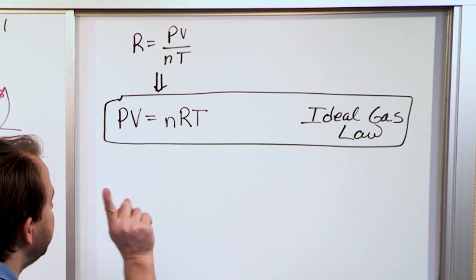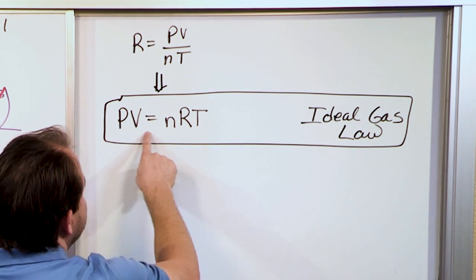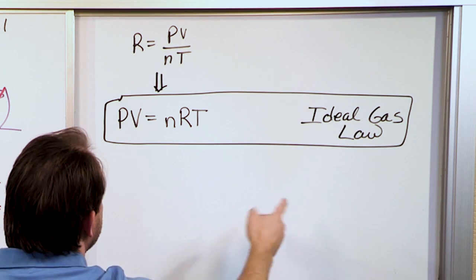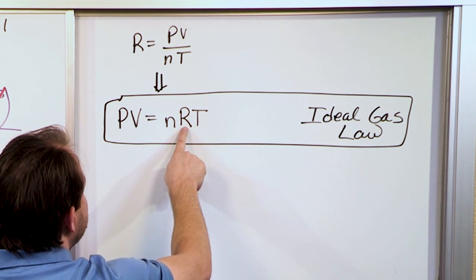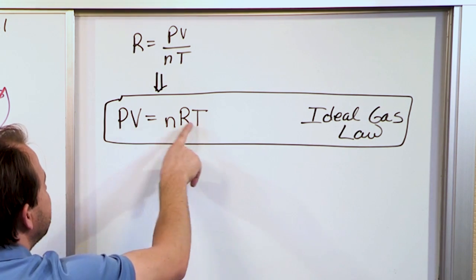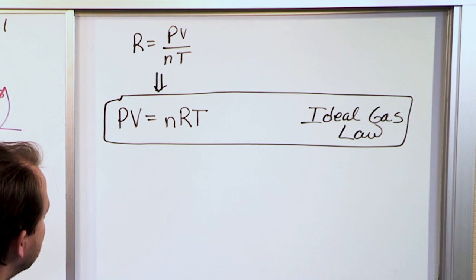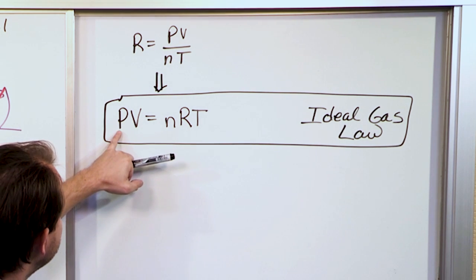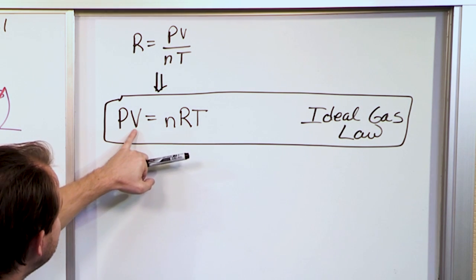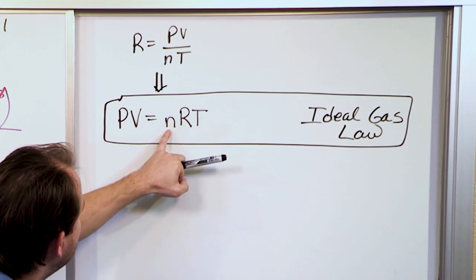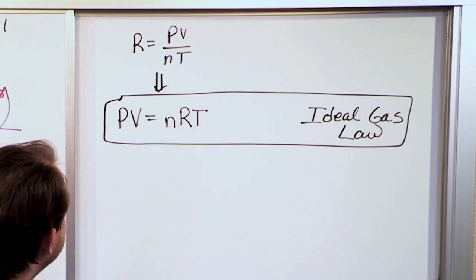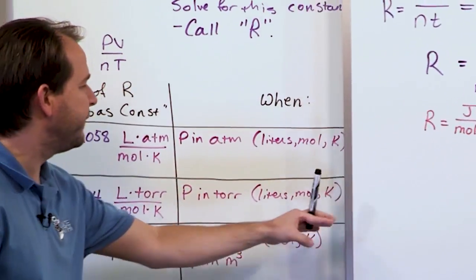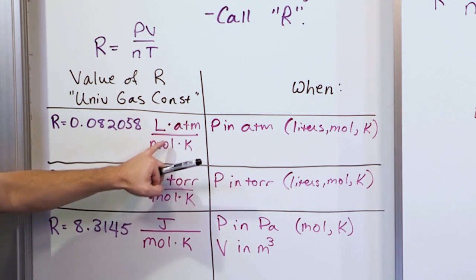The only thing you need to be really aware of is that when you're using this equation, and we'll do problems, the value that you choose to put into R has to be consistent with the units you have. In other words, if I'm using a pressure in atmospheres, and then liters for volume, and then mole and Kelvin, this value of R has to be the value of R that includes liters, atmospheres, moles, and Kelvin.